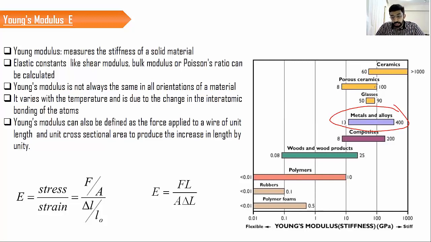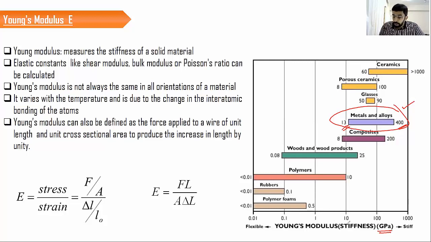If we take ceramics, we can see higher Young's modulus when we compare it with metals and alloys. But we are going to limit the discussion to metals and alloys, where the value changes from 13 to 400. Usually we represent Young's modulus in gigapascals, so it's already given here.